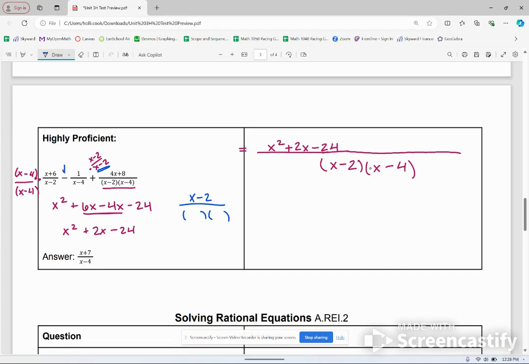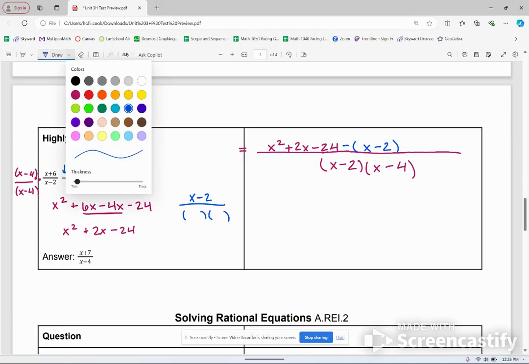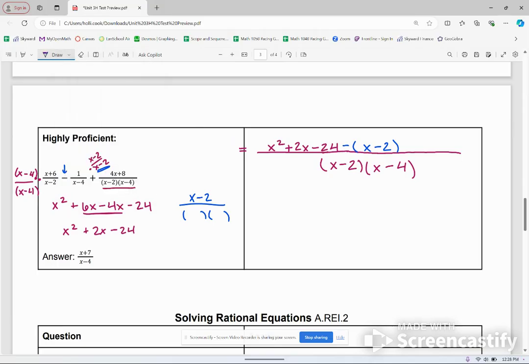We do have a minus in front of this, so when I write it up here, I'm going to write minus and then parentheses with the x minus 2 in there, because again, we need to distribute that negative to everything. The third chunk already has our denominator, so we can just add that on there. So plus 4x plus 8.